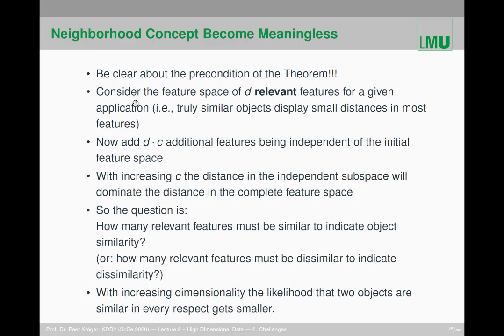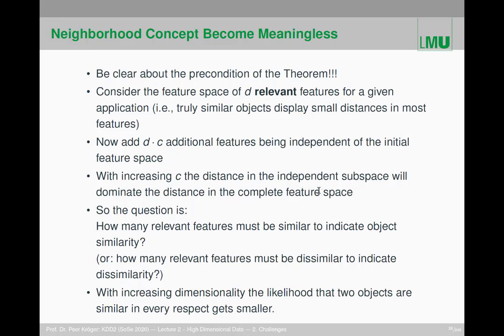Take the other one. Consider a feature space of d relevant features for a given application. Truly similar objects display similar distances in most features. In this case, I do not have any problems. But now, if I add d times c additional features, being completely independent of the initial feature space and having nothing to do with the application, then with increasing c, obviously the distance in the independent subspace will dominate the distance in the complete feature space.